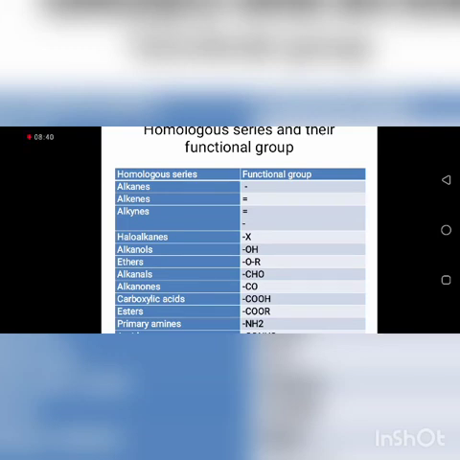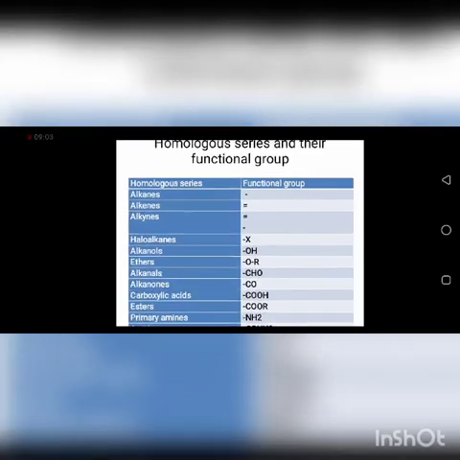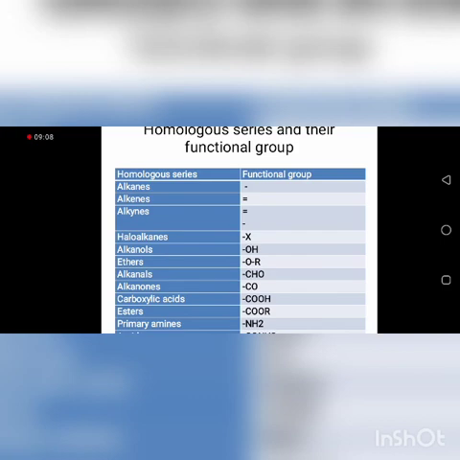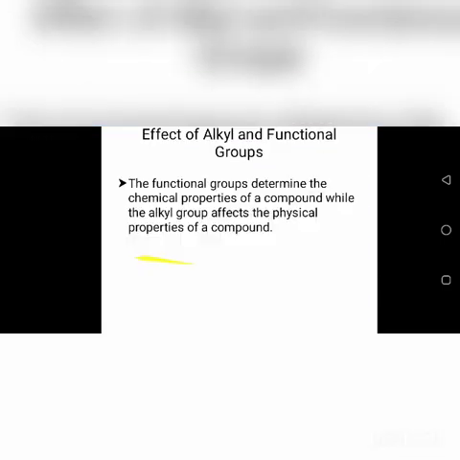Haloalkanes have halogens, which can be fluorine, chlorine, bromine or iodine. Alkanols have OH, ether has OR, alkanal has CHO, alkanone has CO, carboxylic acid has COOH, ester has COOR, and primary amine has NH2, and so on. These are functional groups that most organic compounds are associated with.